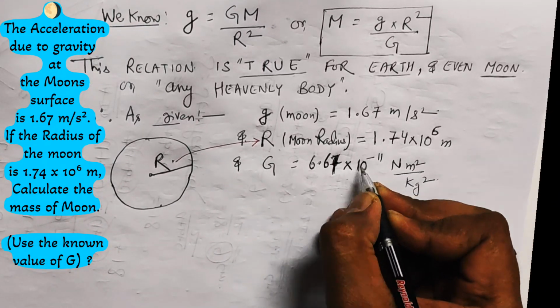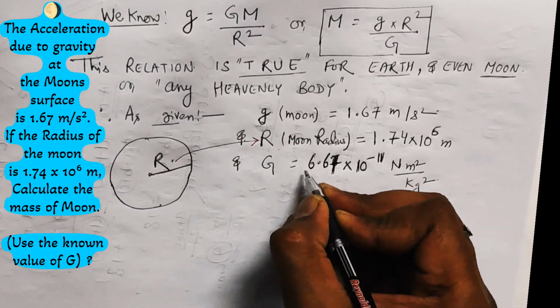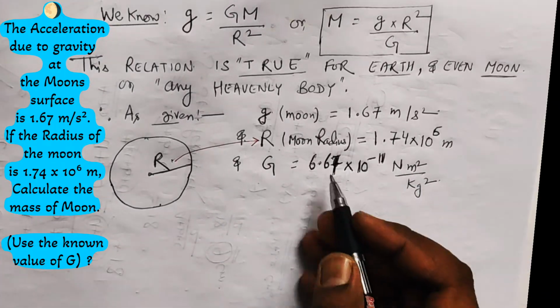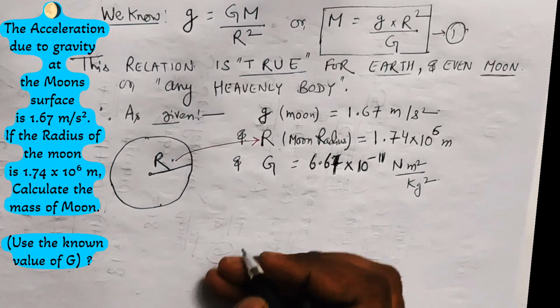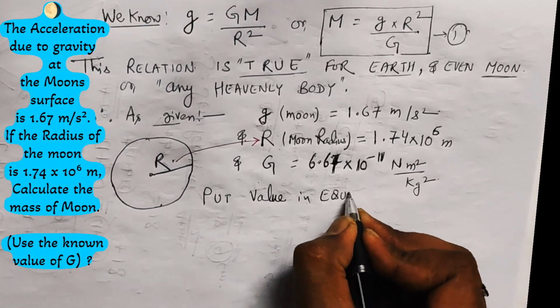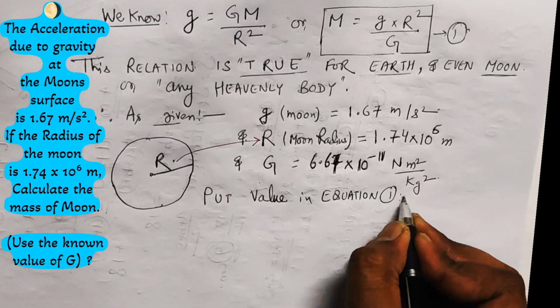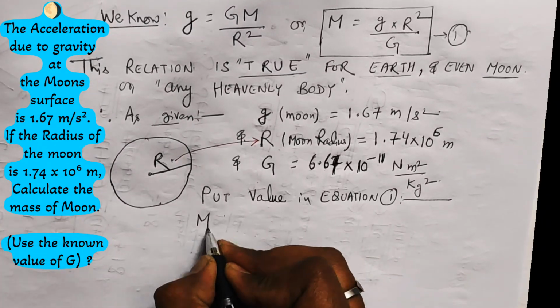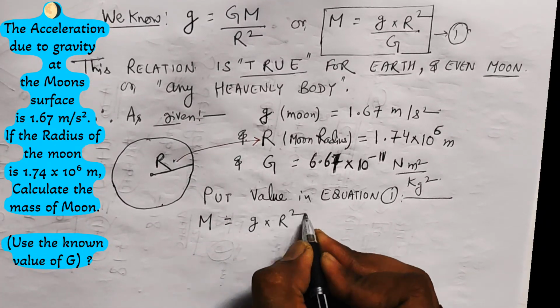This is a standard value, and it is also mentioned in the question that we can take this standard value, right? Now the small g, capital R, and capital G are known to us.